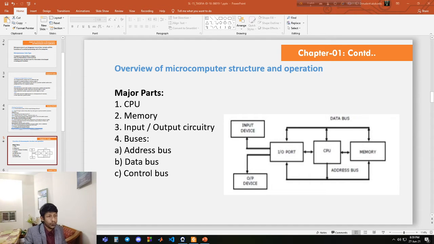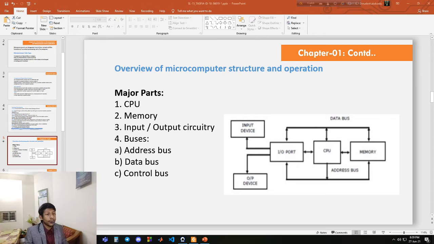Memory is where the CPU keeps data to process it, and the input output circuitry is like a bridge which brings input from our input ports and delivers output to our output ports.